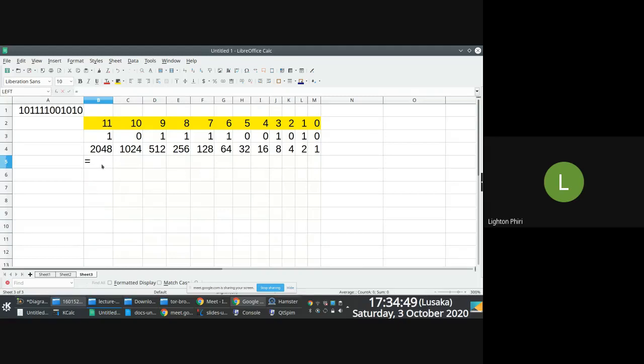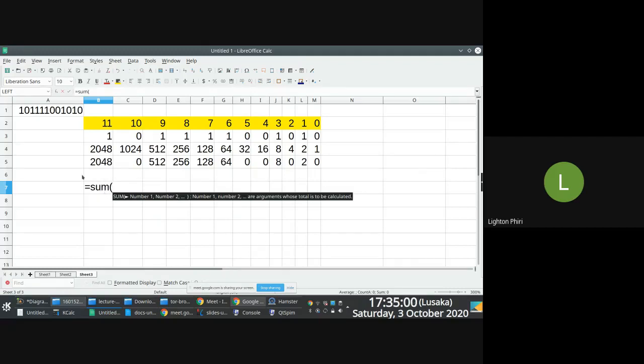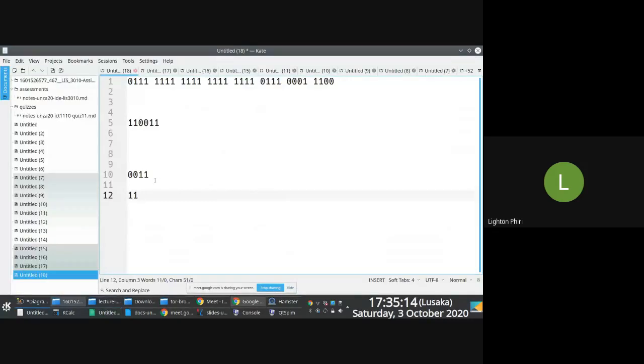So it's 1 times 2048, and then we drag this formula, and finally we add using the sum. They'll teach you these formulas, which is quite nice. So the answer is 3018. None of us will be alive in the year 3018, I know I won't be. Maybe they'll discover life extension or something.